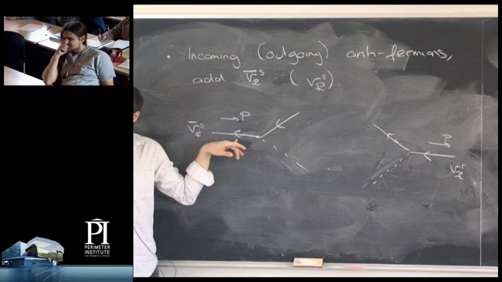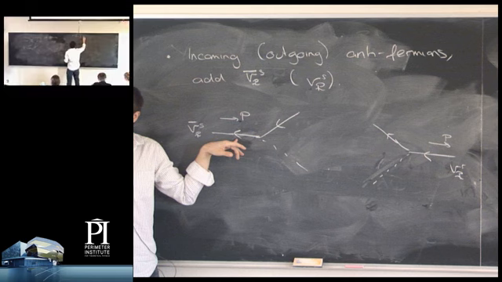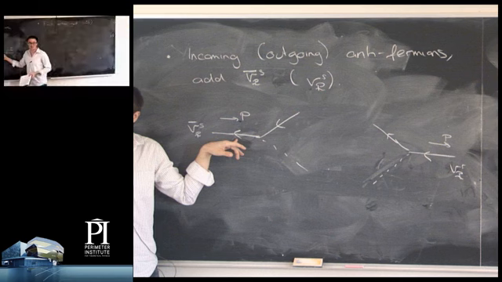Each vertex gets a factor minus i lambda. This is the vertex: there's a minus i lambda, and that's precisely because lambda was the coupling constant in front of the Yukawa term.